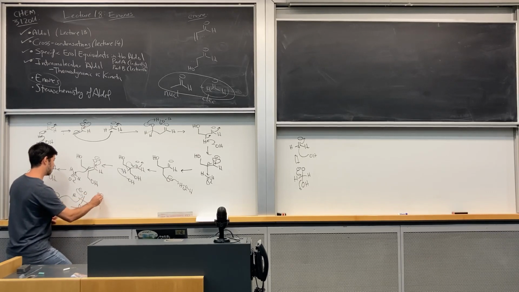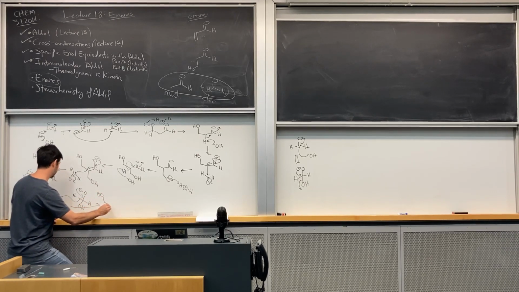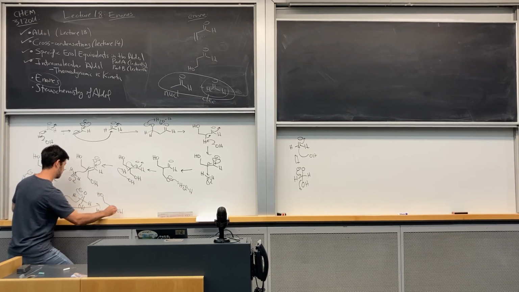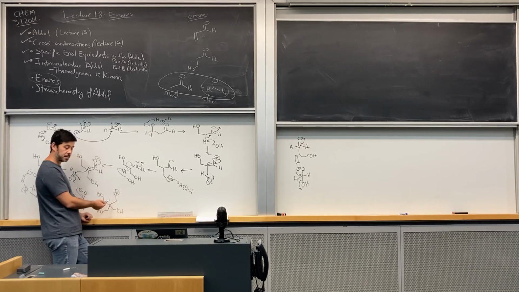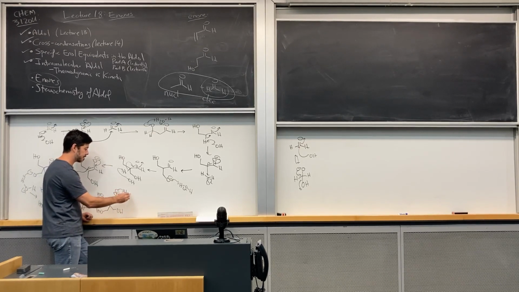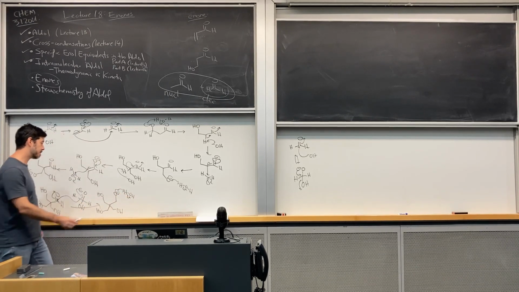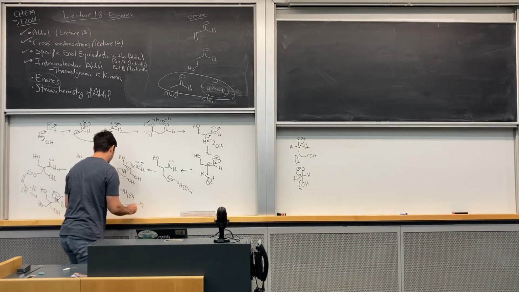Well, let's see what's going on. So after that attacks, generate this. This will pick up a proton from the conjugate acid of hydroxide. And this is your final product.